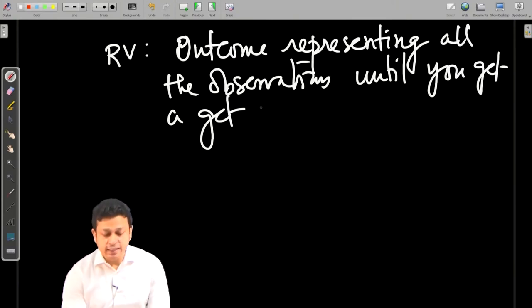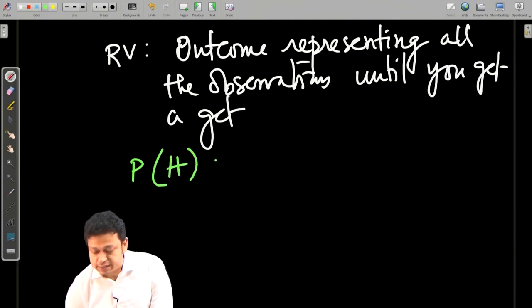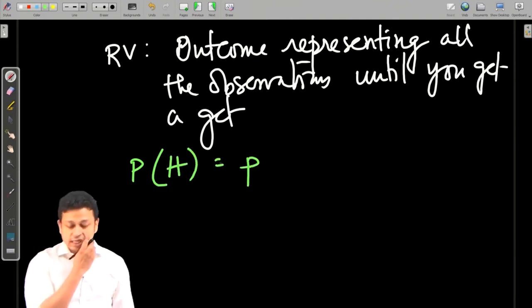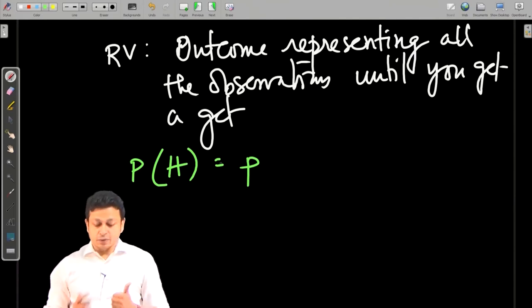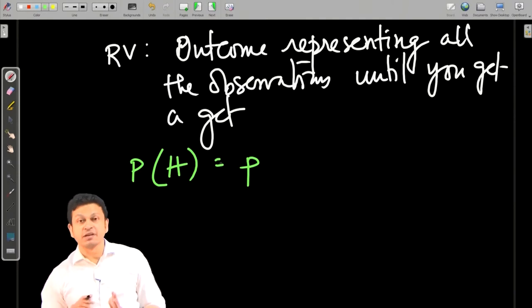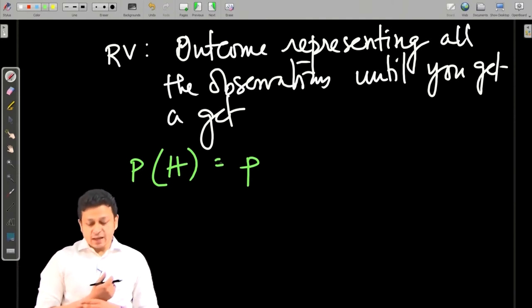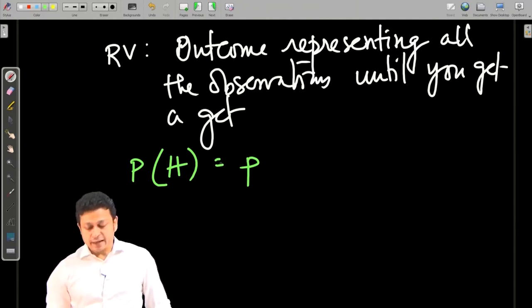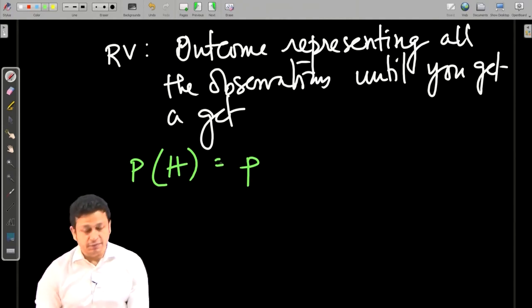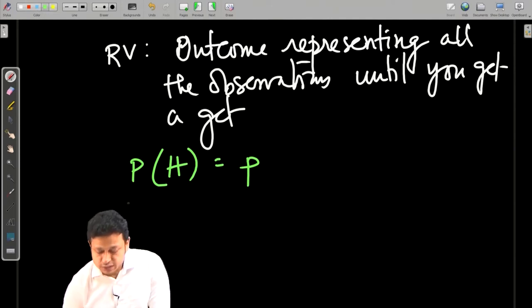Okay. And let us say for this coin, since you do not know, the probability of getting a head is equal to p. Okay. Because this time, since you do not know about the characteristics of the coin, you do not know if it is 0.5 or whatever. So, you just simply denote the probability as p. Now, let us say you get a head in the first trial, then you will have the probability p, simple. But if you do not have a head in the first trial, so let us say you have a tail first and then a head.